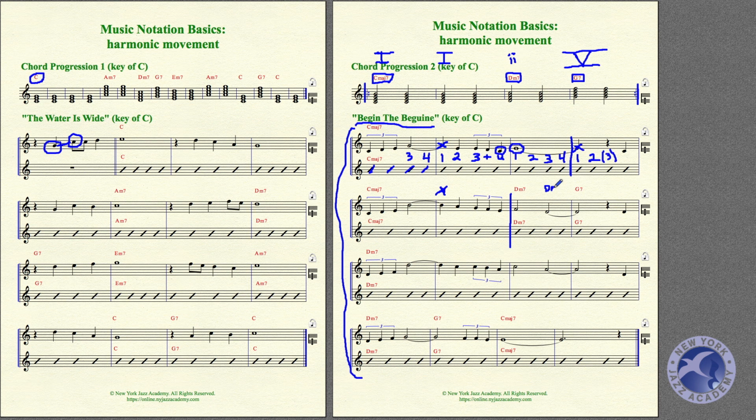D minor 6 is exactly like D minor 7, except instead of playing D, F, A, C, you're playing D, F, A, B. So there's D minor and the D minor 6. You hear that top note? It's very similar to D minor going to G7, which would be this.